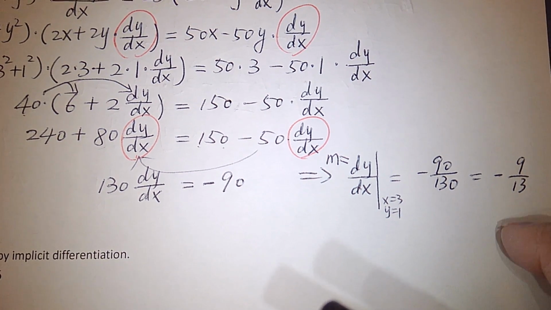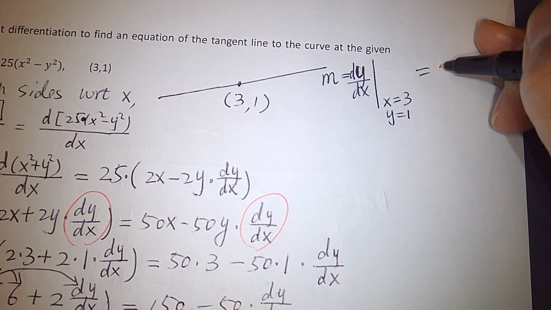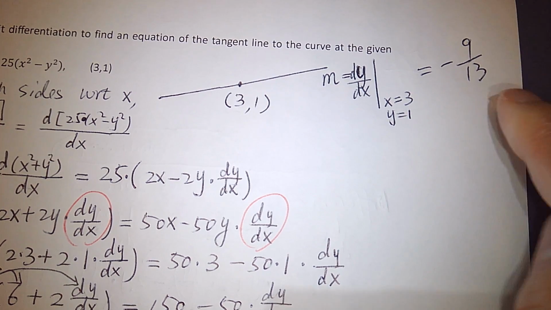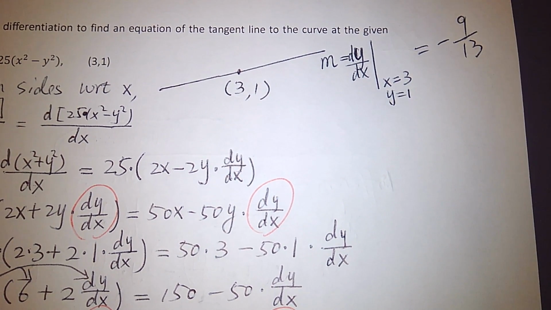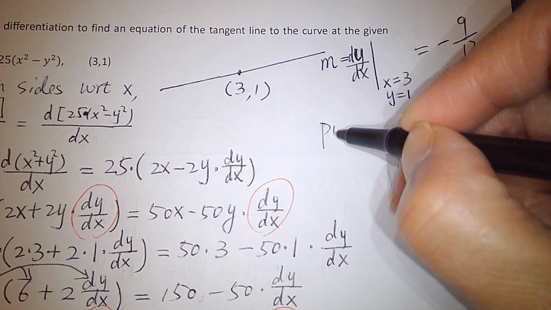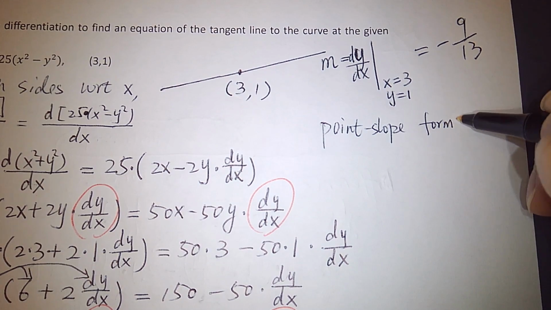Right? Okay, so we know the slope equals what? Negative 9 over 13. We know the given point. So how to find the equation of the line? I use the point-slope form at first.